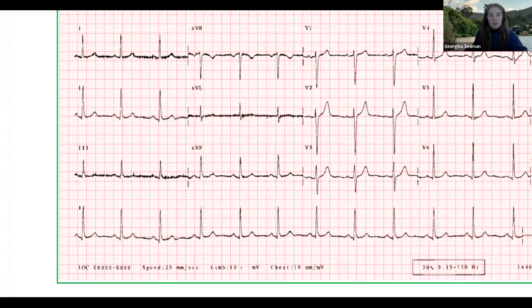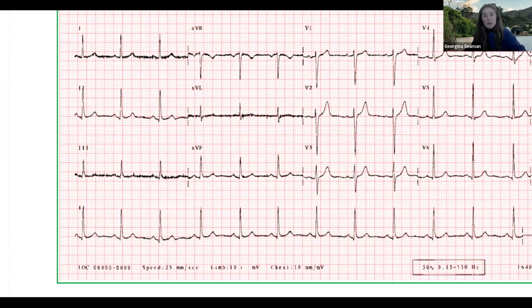What lead do we think is picking up that artifact? Yeah, left foot or even left arm, maybe. Because we've got lead 3 involvement and lead 1 involvement and aVL, and the common point is that left arm.